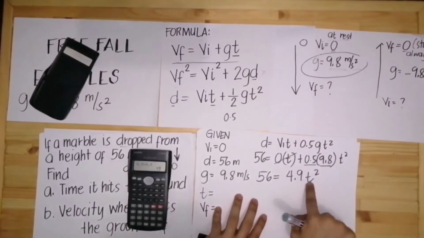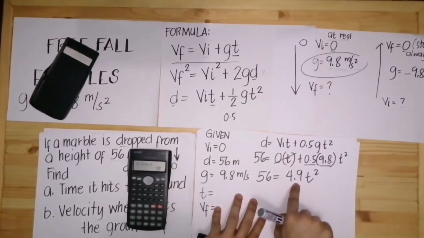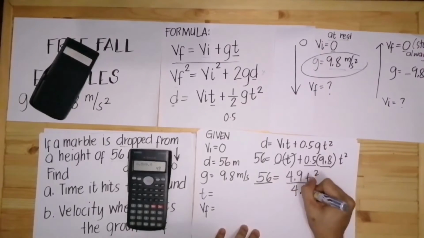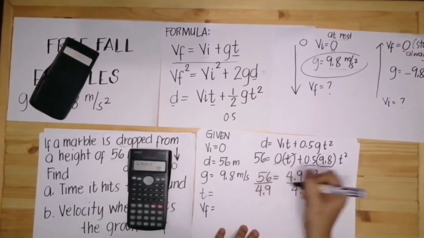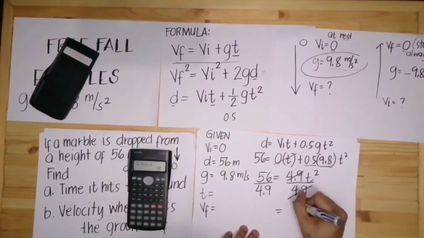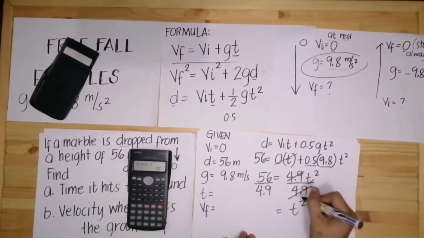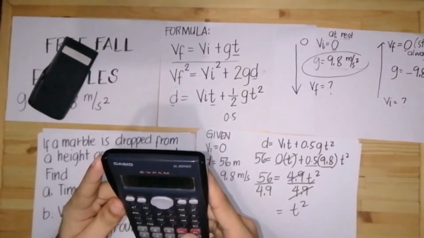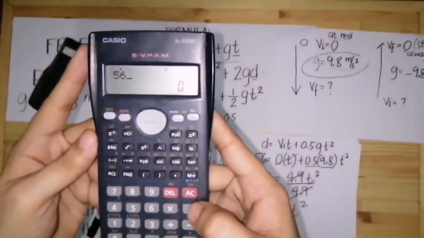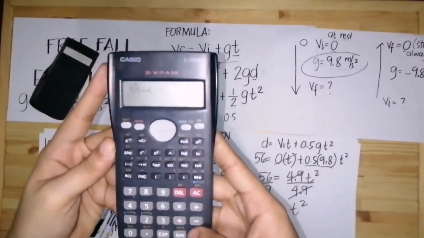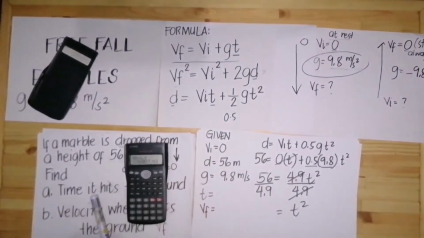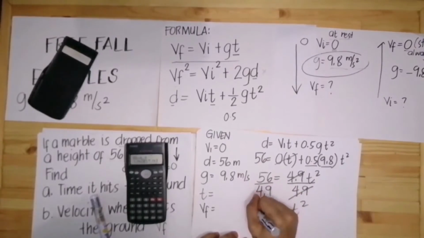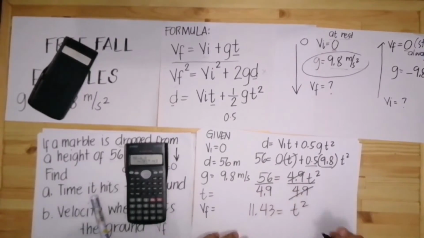Kapag may ganito class, meron tayong variable na nawawala, yung time, then may katabing value. Ang gagawin nyo ay divide both sides by 4.9. So, cancel yung 4.9, matitira dito ay T squared. So, 56 divided by 4.9 is equal to 11.43, 2 decimal places.